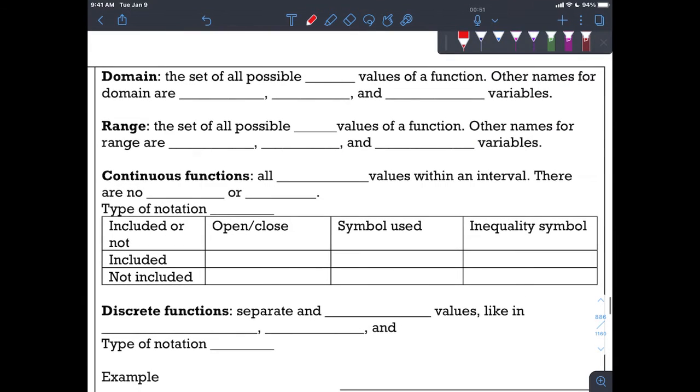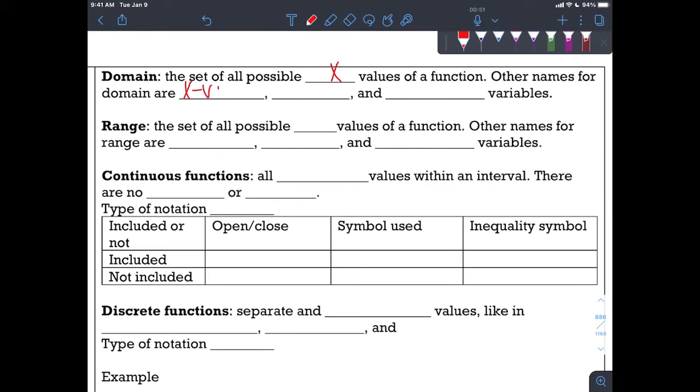Now, as I mentioned earlier, my domain is a set of all possible x values of a function. Sometimes people use other words for it. As we've learned many, many times before, math people love to make things very difficult by naming them all kinds of different things.